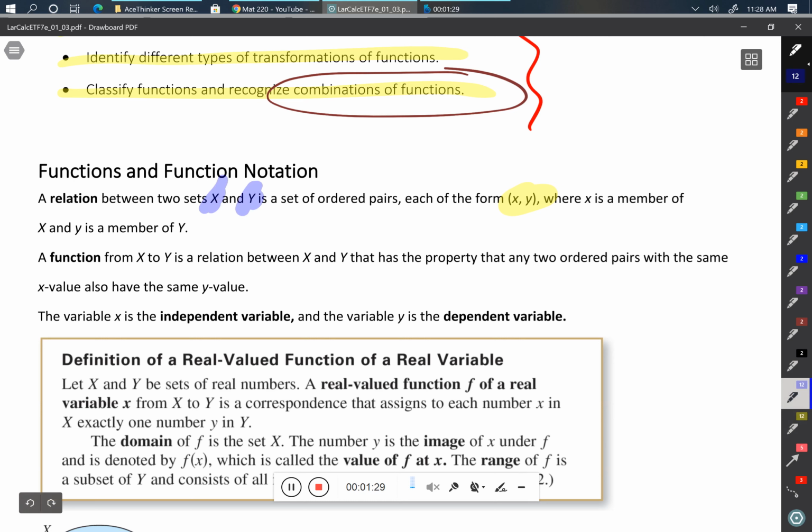You'll notice that these two are capital letters, whereas these two are lowercase letters. The capital letter represents the set. The lowercase represents an element or a member of the set.